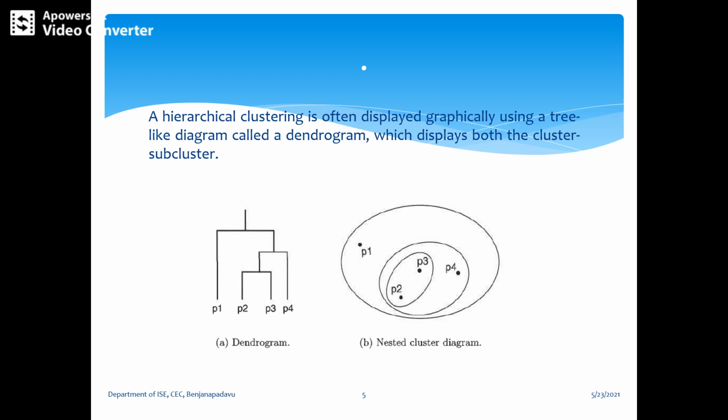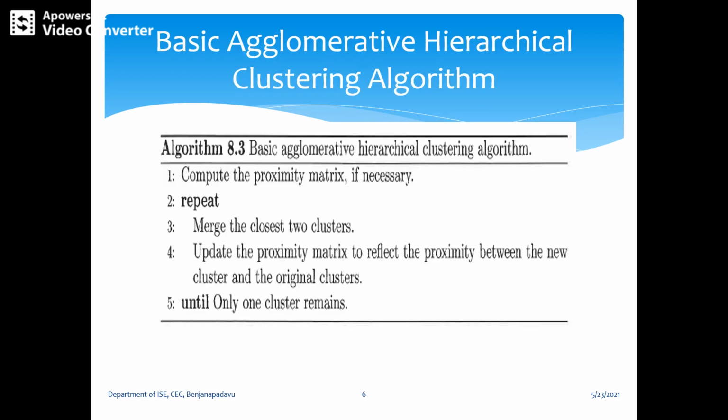Many agglomerative hierarchical clustering techniques are variations on a single approach: starting with individual points as clusters, successively merge the two closest clusters until only one cluster remains. We will express this more in the algorithmic steps in the next slide.